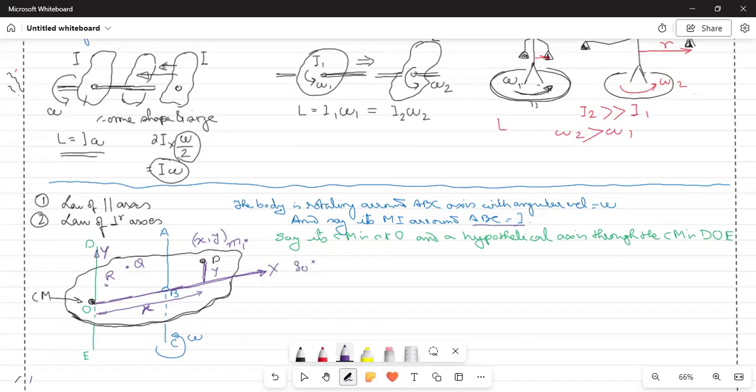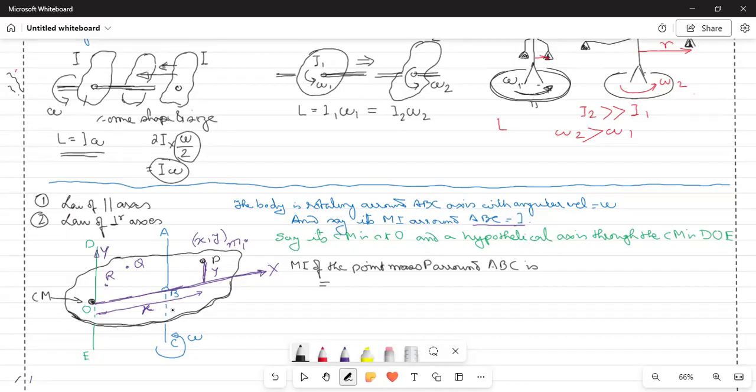So what is I? I is equal to the moment of inertia of the point mass P around the axis ABC. What is the moment of inertia of this point P around ABC?